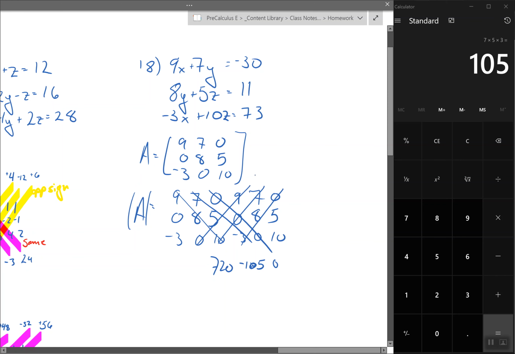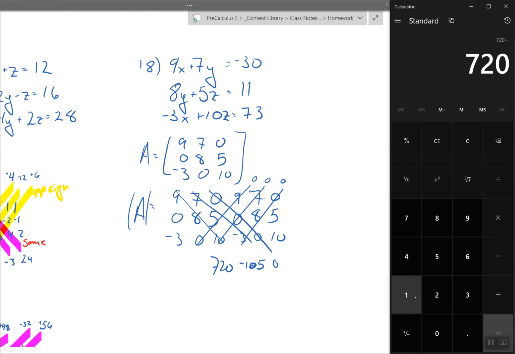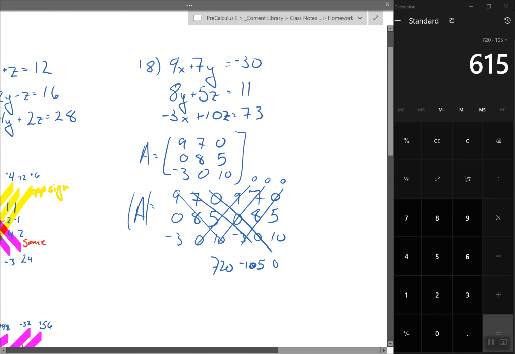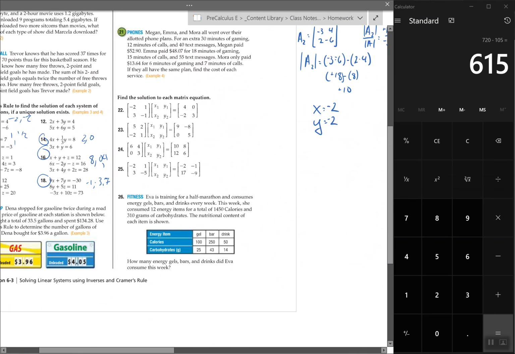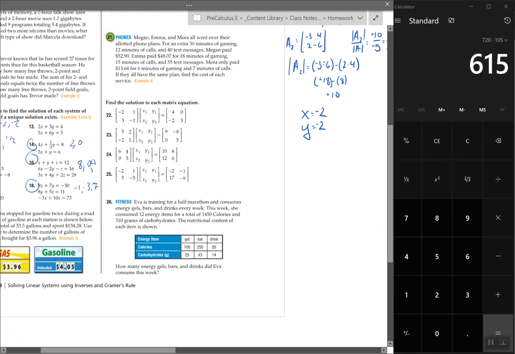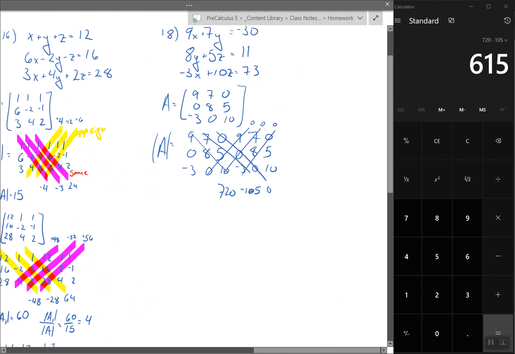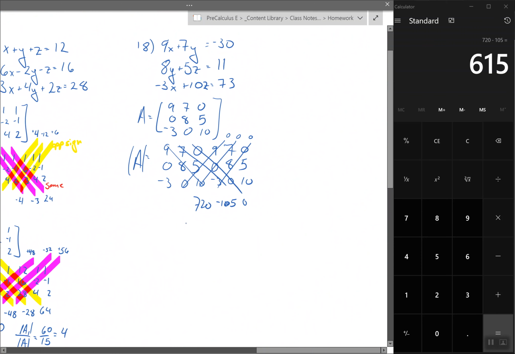So those are all zeros. So we just have 720 minus 105. Okay, so 615. It doesn't feel right. We'll take a look and see what we're going to get out of this here.